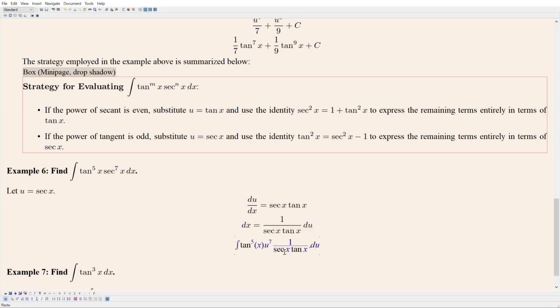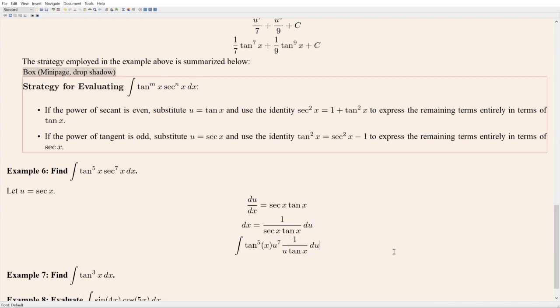Except, we have a secant here. Well, we already know that secant is being called u, so let's go ahead and put a u down there as well. So one of these u's cancels, one of these tangents cancels. So we have tangent to the 4th, u to the power 6 du.